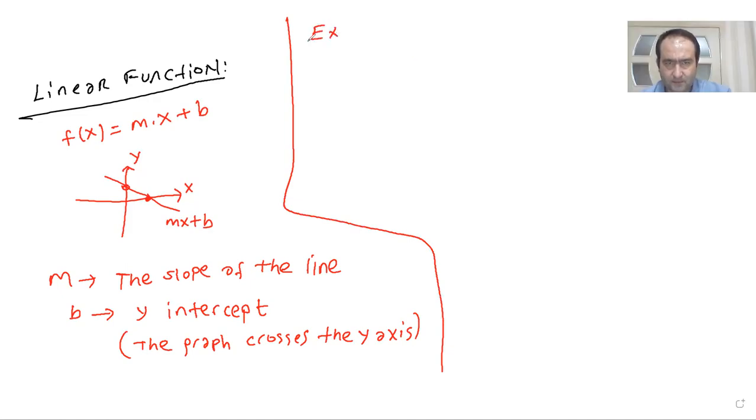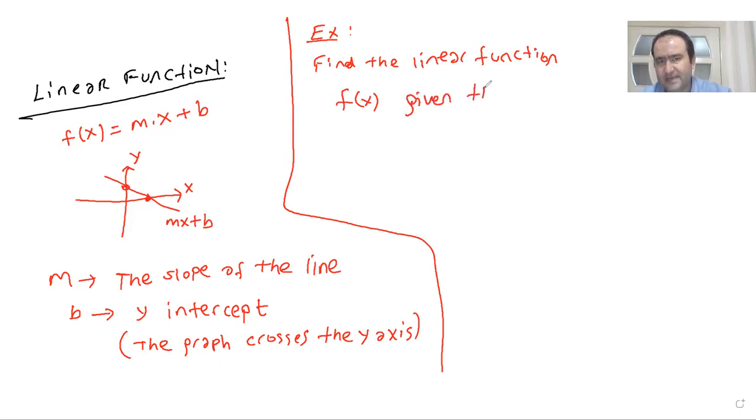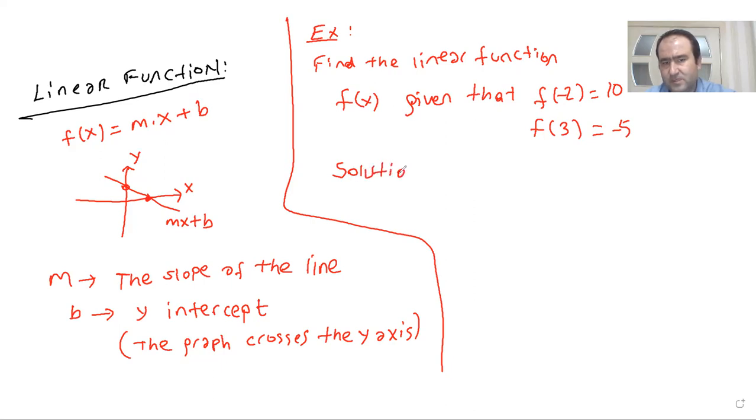Okay, examples for you. Find the linear function f(x) given that f(-2) is 10 and f(3) is -5, okay. First, solution.